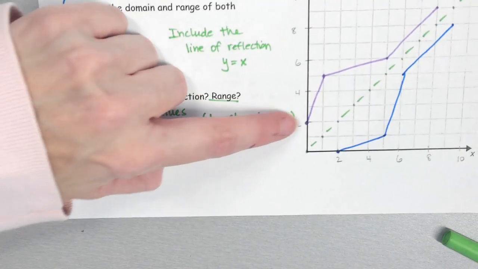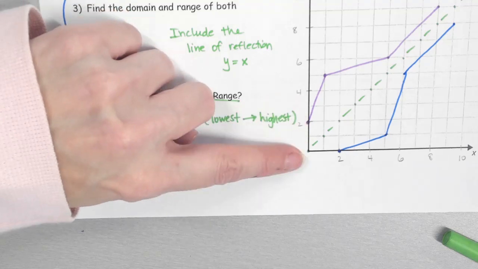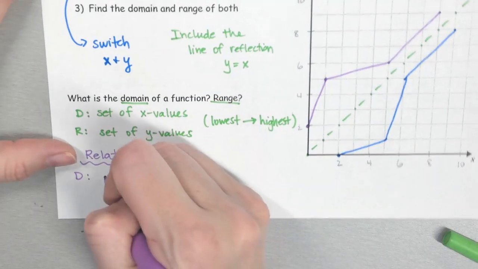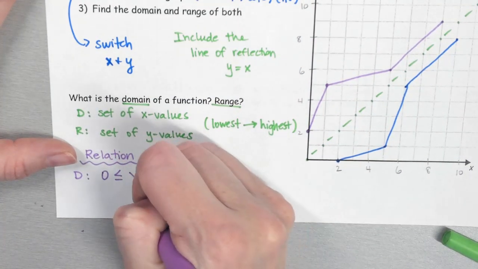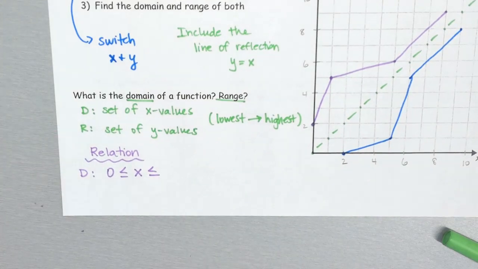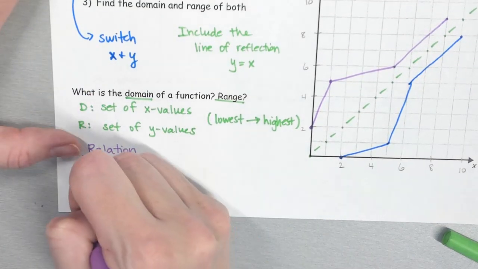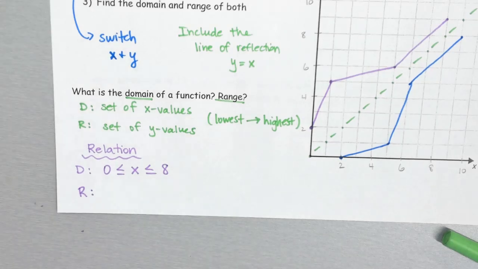So my lowest x value is going to be here, and that correlates to what value on the x-axis? Or you can look at your points. What's the lowest x value you have in all your points? 0. Okay, so we're going to start at 0. And then that's going to be less than or equal to our x value. And then what's our highest x value? Yep. So it's going to be 0 is less than or equal to x, just less than or equal to 8.